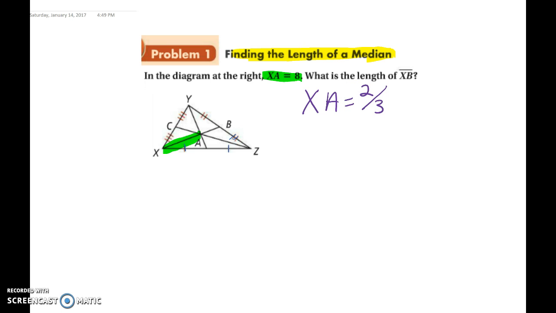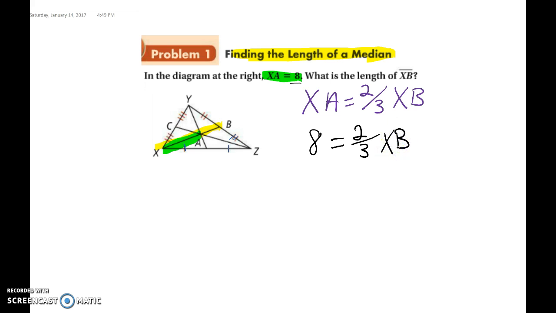This entire segment is XB, going from that vertex to the midpoint of the opposite side. So XA is equal to 2/3 of XB. Now we solve for the length of XB. We plug in XA equal to 8, so 8 is equal to 2/3 of XB.